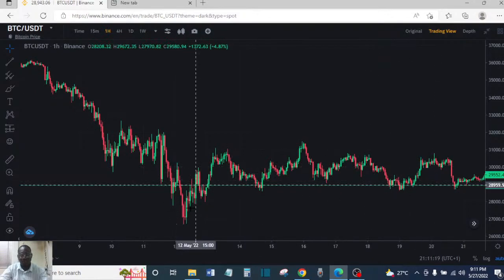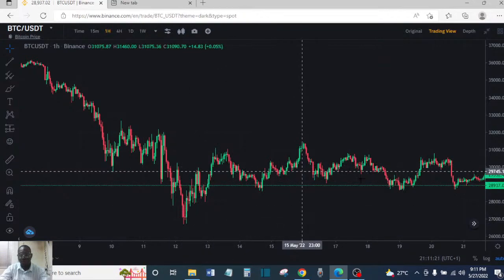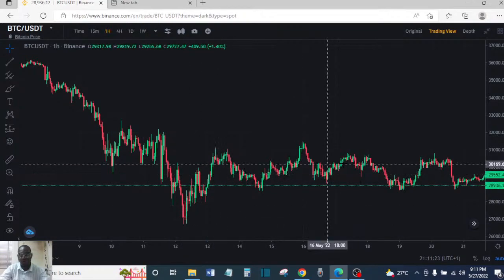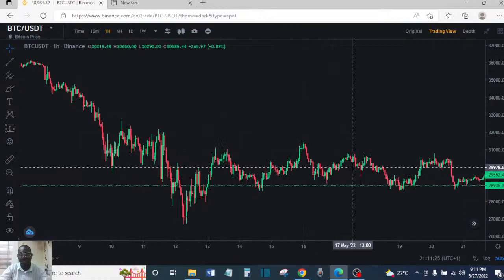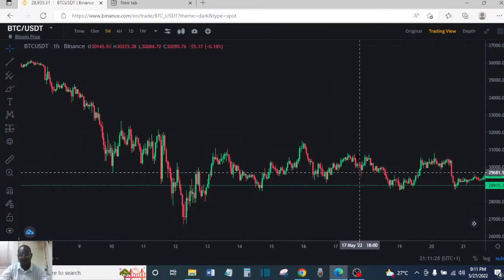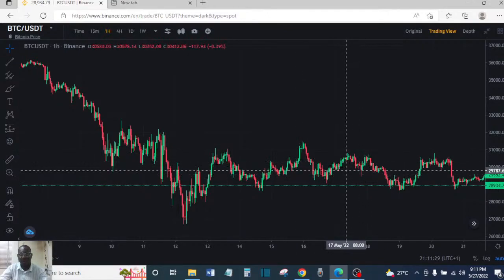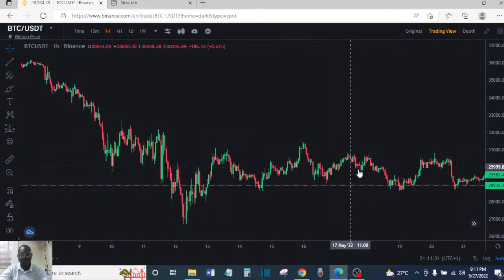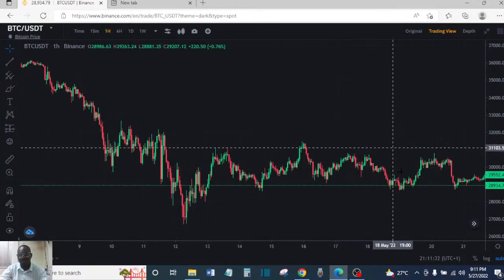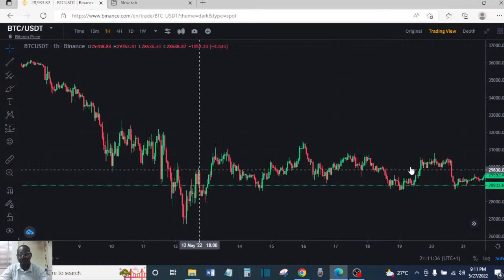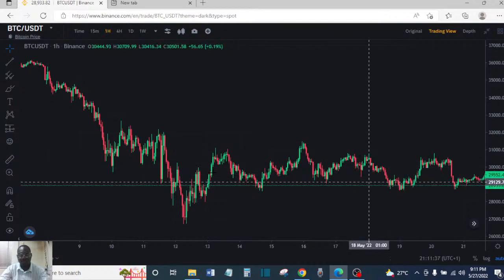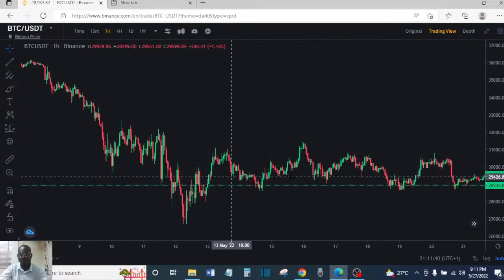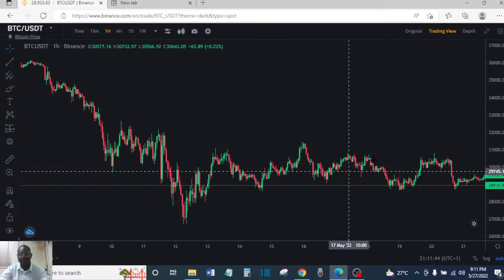You can see it all the way from the 12th up to the 17th here. They were consolidating, but I had already predicted what would happen as at the 17th. I made a video on the 18th and posted it on the 19th, and I explained what will happen. Exactly as I stated it, it happened.